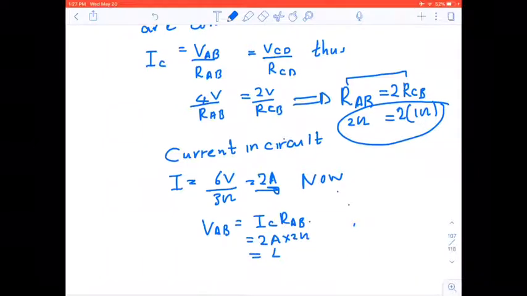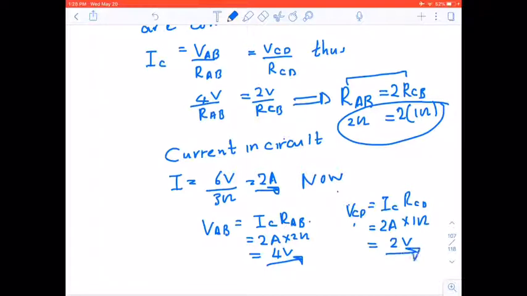So now the voltage across that would be 4 volts. Right. And you can check across CD, it would be equal to the same circuit current times 1 ohm, and it means the voltage would be 2 volts.